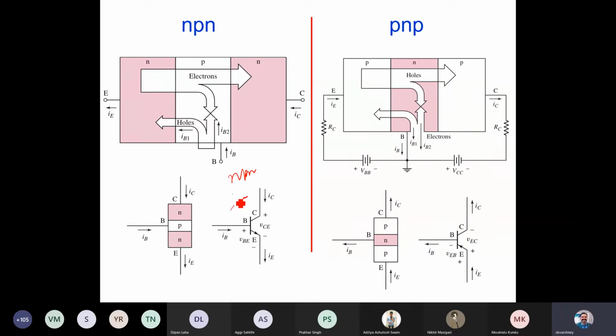This junction has to be reverse biased, and this junction has to be forward biased. Then the transistor will be set into the active mode. Sometimes we keep increasing the input signal amplitude, and the transistor may also go into saturation mode. That may happen, and that is what we are going to look at today.